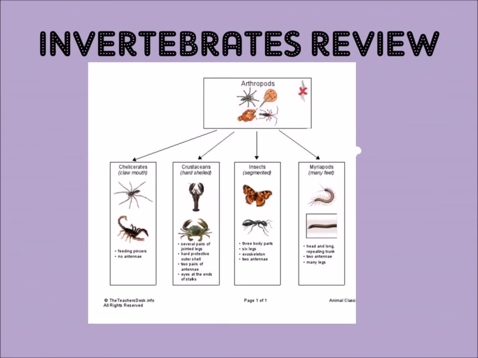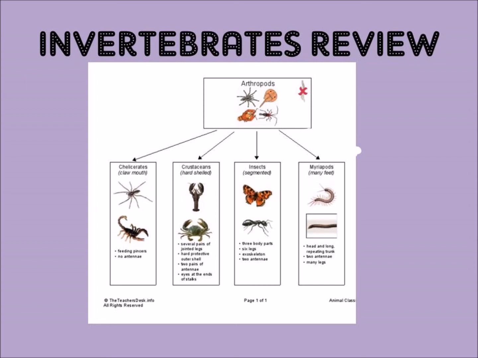And the final group is arthropods. Most of invertebrate animals in the world belong to this group. There are 4 different groups of arthropods: arachnids, crustaceans, insects, and myriapods, and they all have some characteristics in common.